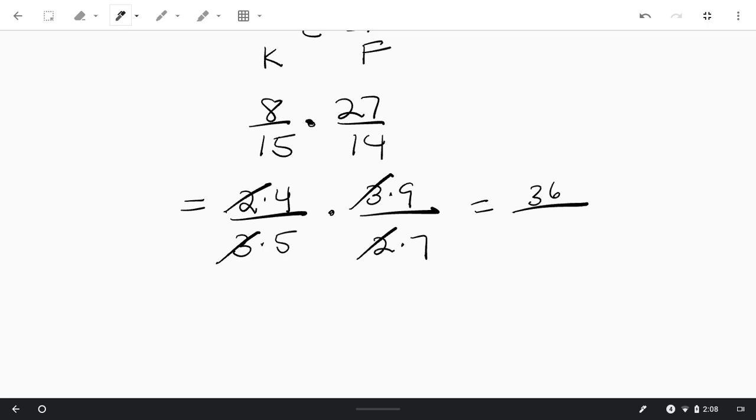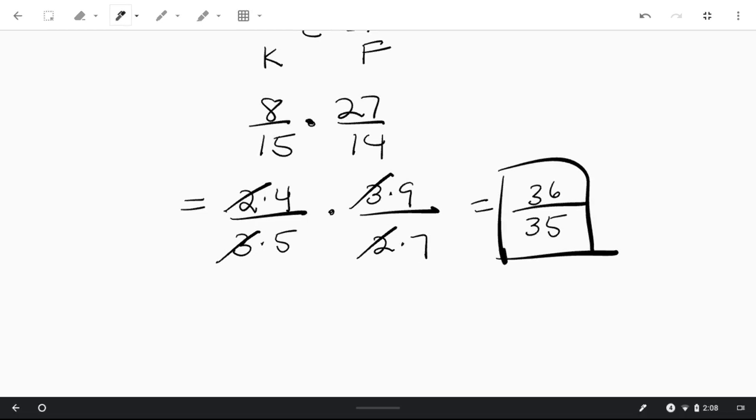Okay, and I'm perfectly fine if you leave this as an improper fraction on the test. However, when you do the homework, use whatever it is that they want you to use, which is going to be important when you take the test.